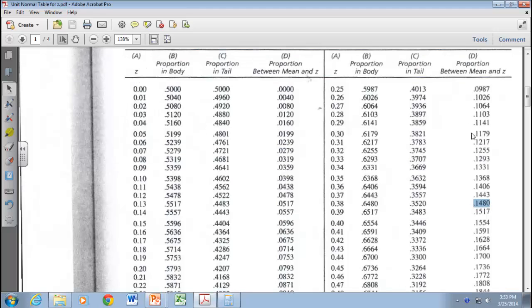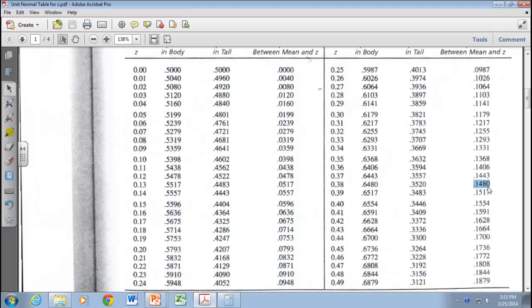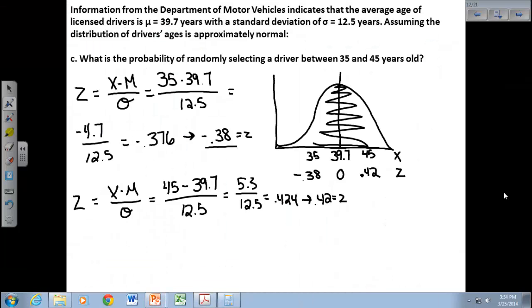And we're going to add that proportion between mean and z to the proportion between mean and z for a z-score of 0.42, or 0.1628. So 0.1480 plus 0.1628. So the z-score of 0.42 has a mean to z, remember, of 0.1628.